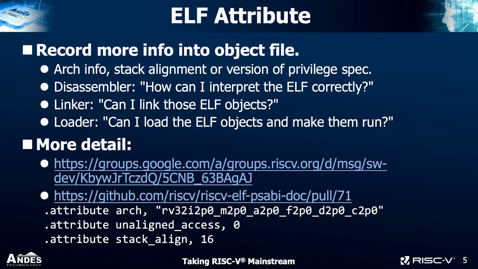The last one, and I think the most important feature this year, is ELF attribute support. It can record more information in your object file, including the architecture info, stack alignment, or version of the privileged spec. It can be used by your disassembler, linker, or loader to detect incompatibility issues.